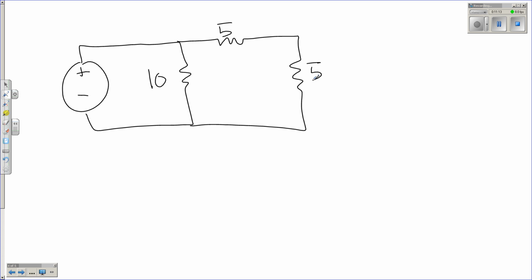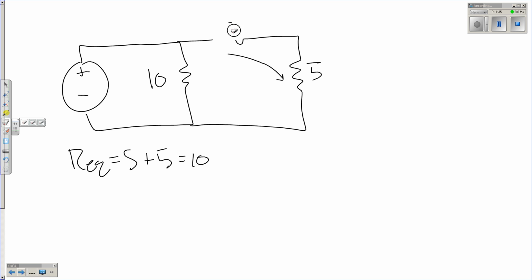So straight off, we know we've got 2 in series, the 5 and the 5. So we can say this branch equivalent resistance is just going to be 5 plus 5 equals 10.